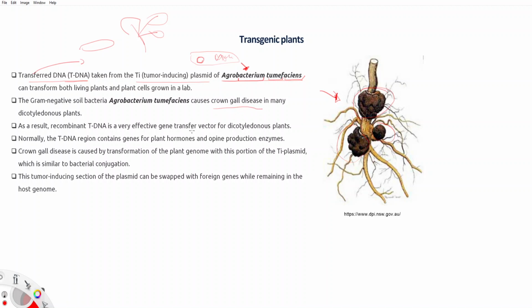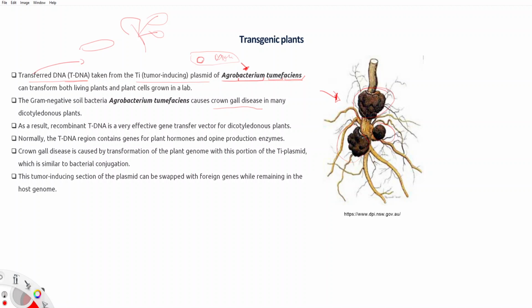As a result, once that tDNA enters, it is very effective because it contains genes for plant hormones and opine production enzymes. As soon as plants start secreting those enzymes on the surface, it's going to actually provide food for those bacteria. But for it to work, it needs to find an opportunity, a point of entry.